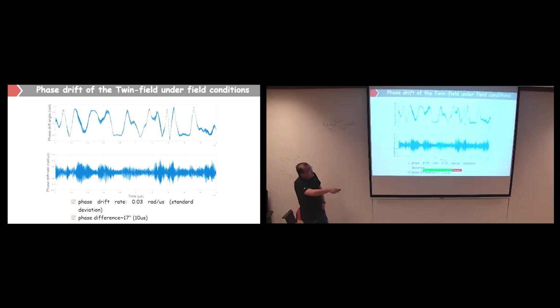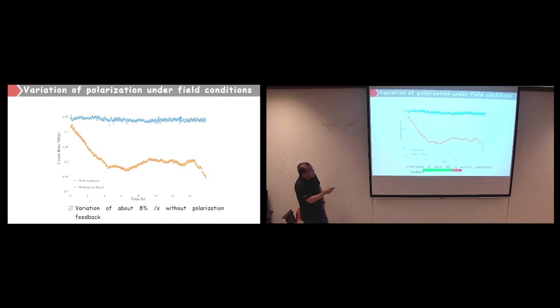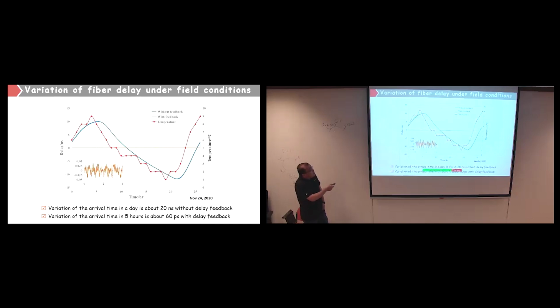And here is the phase fluctuation you can see, and you can do the feedback. And here is some polarization fluctuation, and you can use the feedback to get very good efficiency. And here you can see the temperature changes: the red spot is the temperature fluctuation, and the green one is the time fluctuation of your photon pulse.